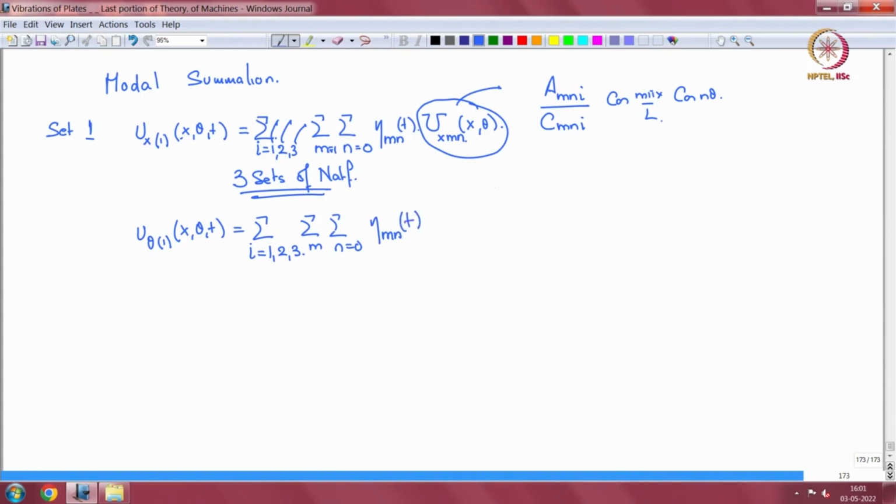Together I will tell you, it is the same mode. So then u_theta_mn of x, theta is b_mn^i by c_mn^i, sin(m pi x / L) sin(n theta).